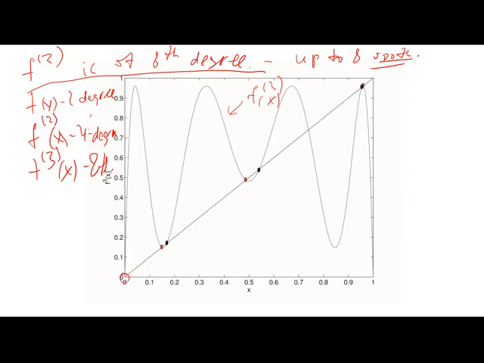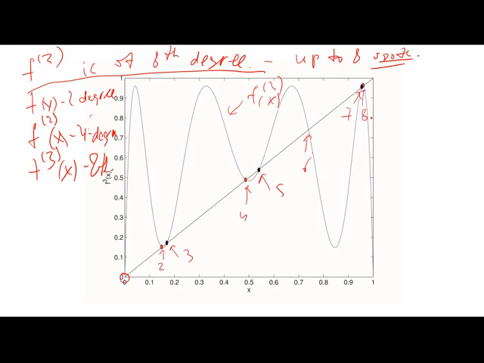This is first root, second, third, fourth, fifth, and here we have 6, and here 7 and 8.